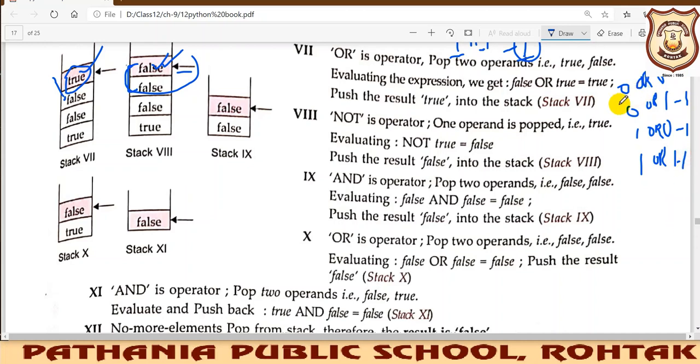So when both inputs are 0 and you are trying to apply OR operation, it will give you 0. When one input is 0 and another input is 1, you will get 1. Means if either of the inputs is 1, you will get 1 always. 1 means true and 0 means false.